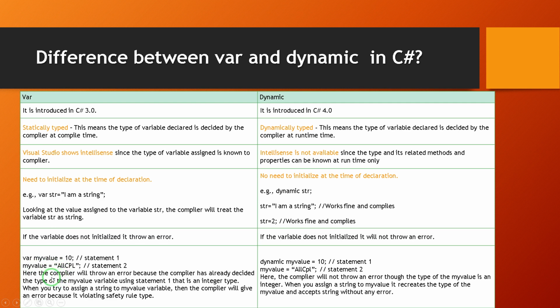When statement 1 is executed, the my value type is integer, and in the next line the my value type is string. We cannot change the type of the variable, and it will give the error. The compiler will give an error because it's violating the type safety rule.